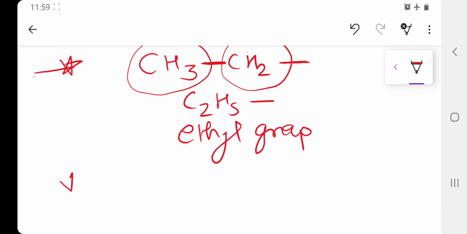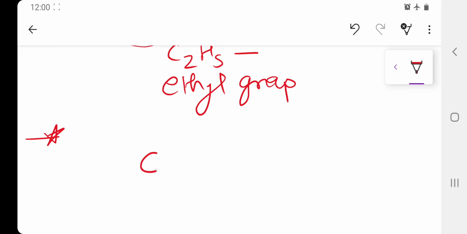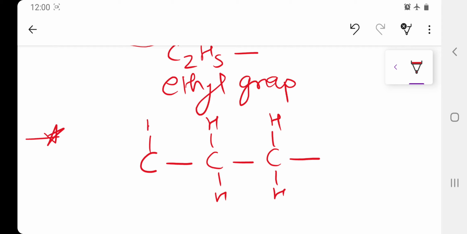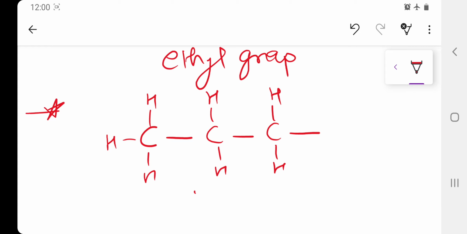Then proceeding further, you have to understand the 3 carbon alkyl group. It will be like this, with hydrogens on each carbon. This will be the propyl group. If I remove this terminal hydrogen, this is the empty bond here, and it is the N-propyl group.